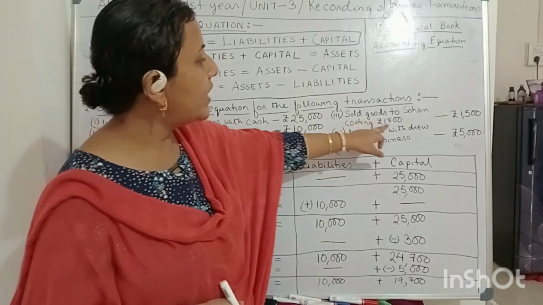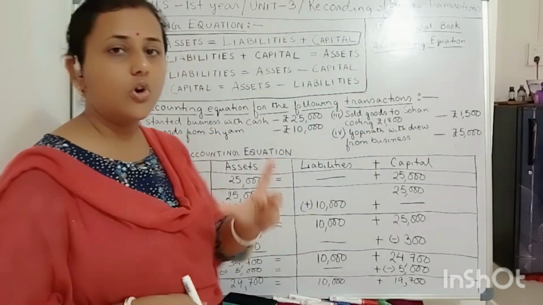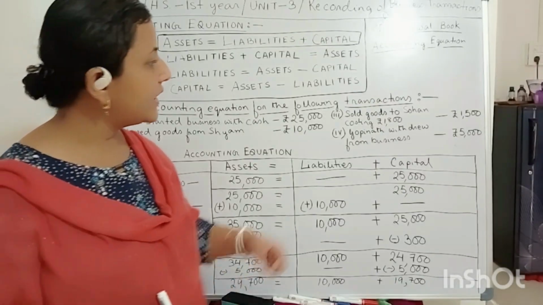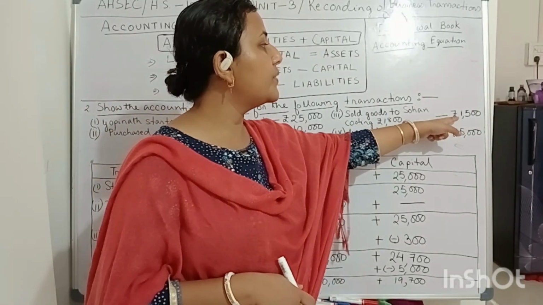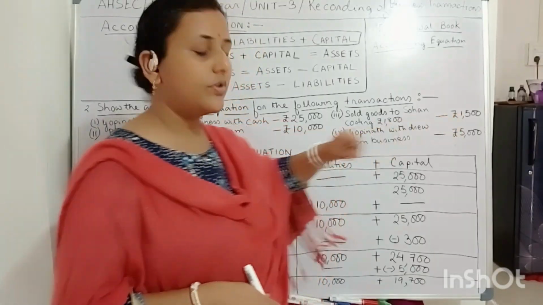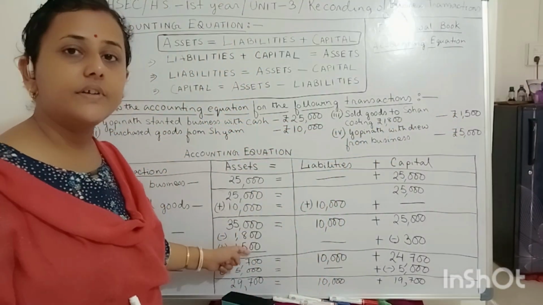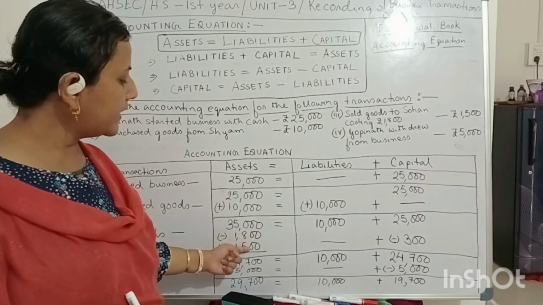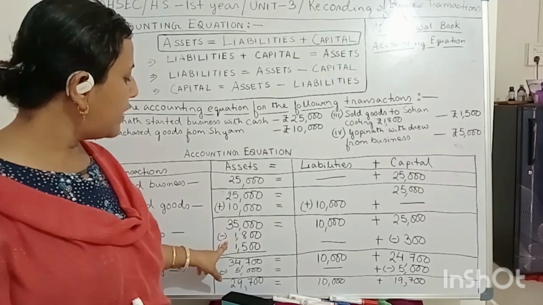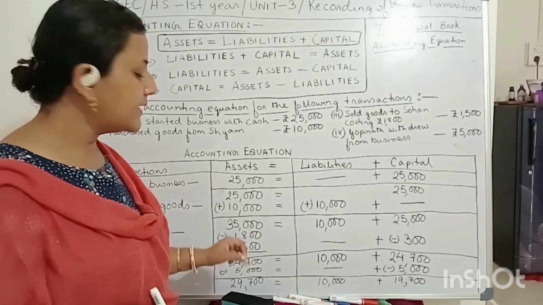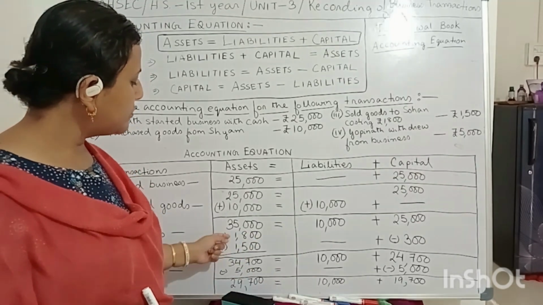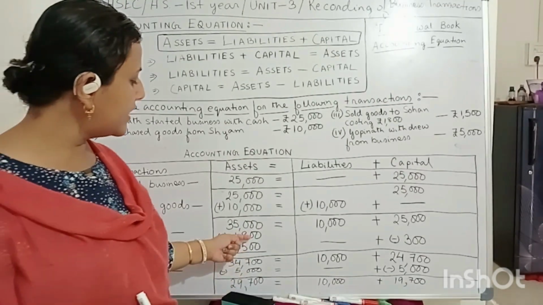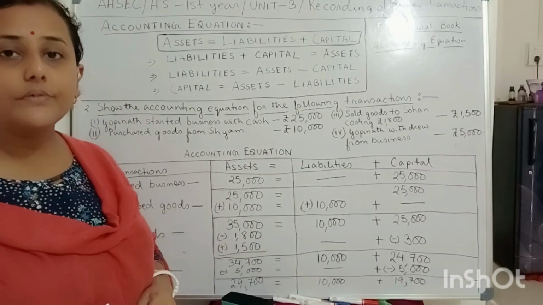Stock is an asset. That means negative 1800. But again cash comes into the business, rupees 1500. So that is positive 1500. Cash is also an asset. You remember that. Stock and cash both are assets. So minus 1800 plus 1500. Plus minus, it will be minus. 1800 minus 1500, you will get 300.